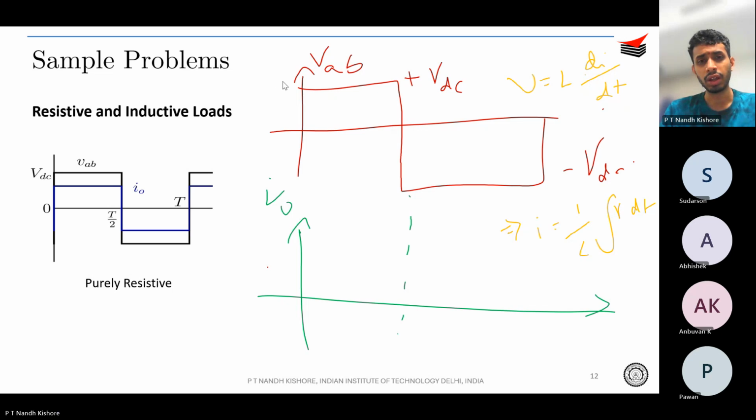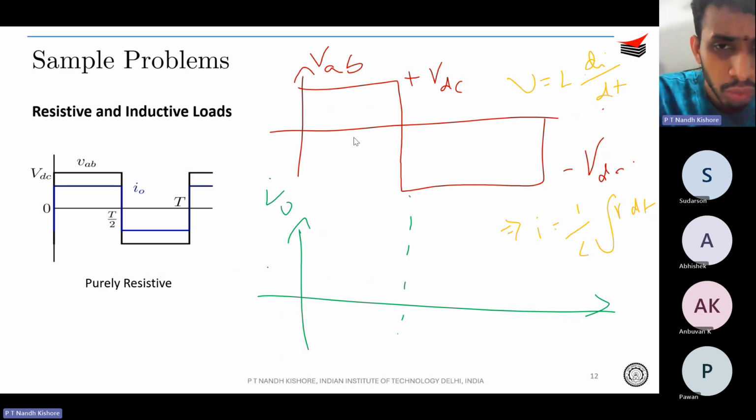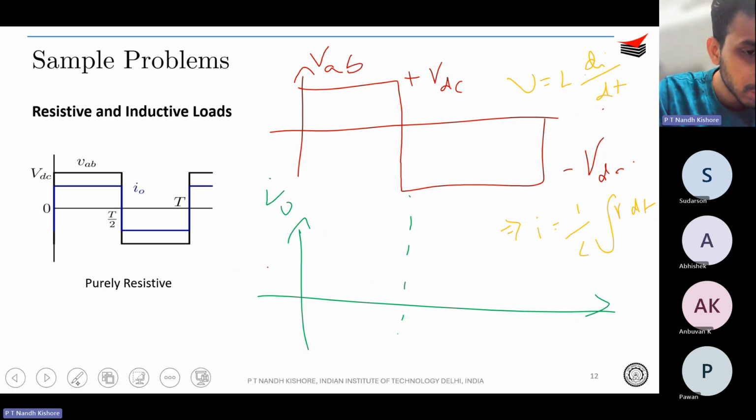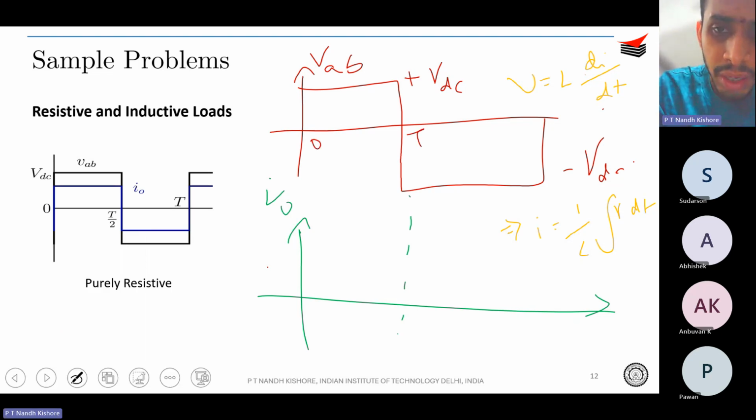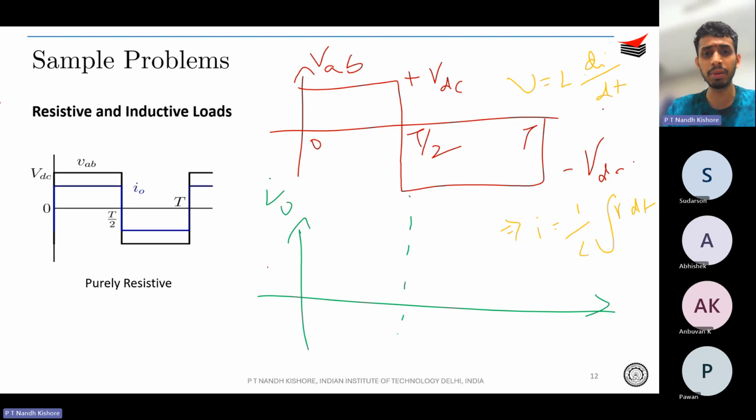If you don't know the integration of a square wave, you don't need to worry too much. You just cut it piecewise. So over here, what is your VAB? Between 0 to T by 2, your VAB is simply constant plus VDC, correct?